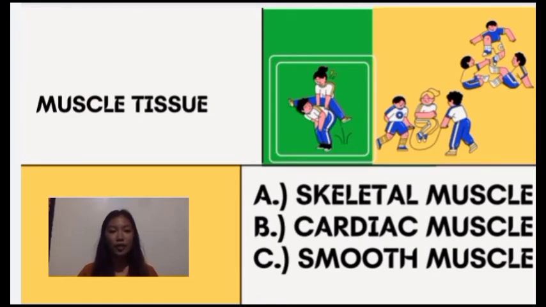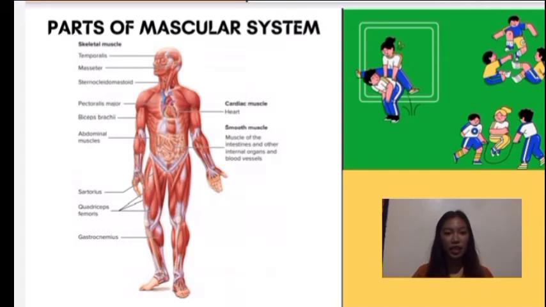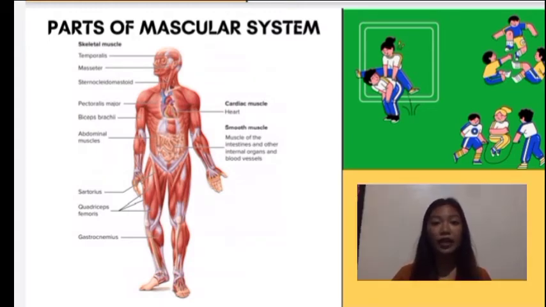Under skeletal muscles, we have temporalis, masseter, sternocleidomastoid, pectoralis major, biceps brachii, abdominal muscles, sartorius, quadriceps femoris, and gastrocnemius. Under cardiac muscle, we have our heart, and under smooth muscle, we have the muscles of the intestines and other internal organs and blood vessels.